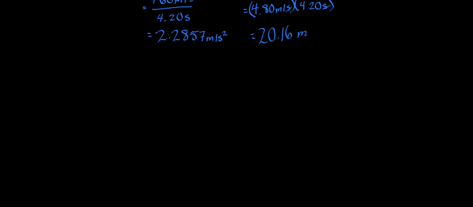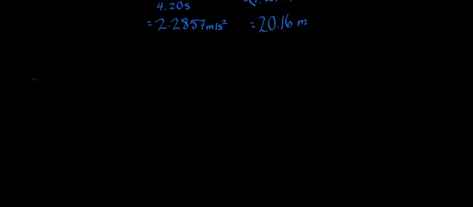For average velocity, remember, if she's not accelerating anymore, then we can use our formula that says average velocity is simply equal to the displacement divided by the change in time. We know her average velocity, and we have a way to determine the displacement.